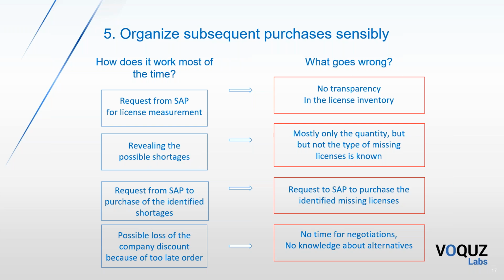Again, what did I tell you about the loss of discount, company discount? In the situation of an SAP audit, SAP sends you a preliminary audit report. You have to sign this one off. You have to confirm that the findings are correct. And my advice, well, auditors have a lot of work.